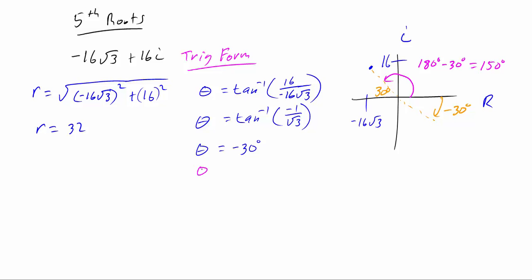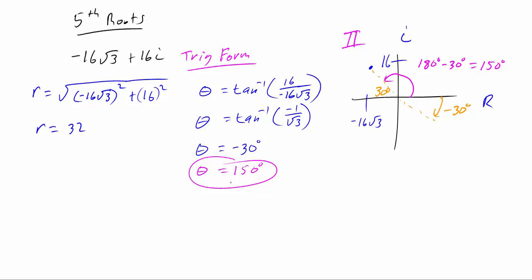So the angle that we need to use is 150 degrees, because our angle must be in the second quadrant. Okay, so be very careful here when you're using the inverse tangent to locate the angle. Plot your point to make sure that your angle is giving you the correct quadrant.